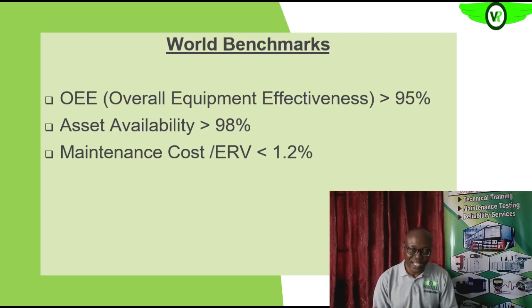If it is greater, say up to 10%, 15%, 20% and above, it means that that particular asset is due for replacement. So an asset whose reliability is optimized will definitely have a ratio of maintenance cost to replacement value of less than 1.2%, as you can see.